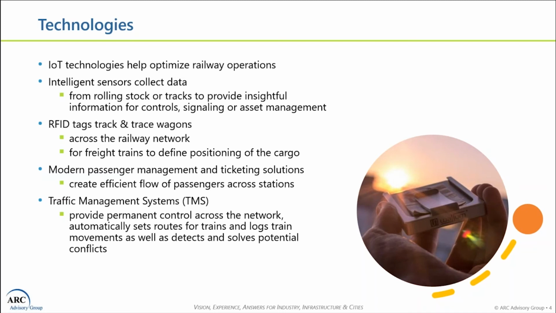With the Internet of Things, or the industrial Internet of Things, we can really shift from manual data entries with inefficiencies to collecting data in a much more intelligent, sophisticated, and accurate way from the rolling stock or the tracks, or the information to signal a train or a certain asset.